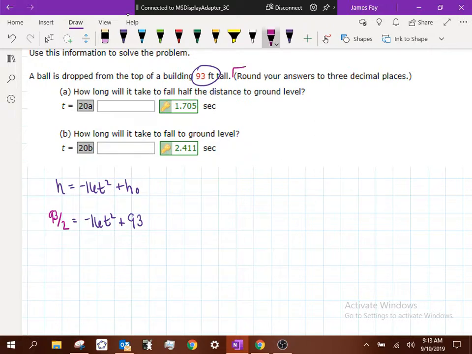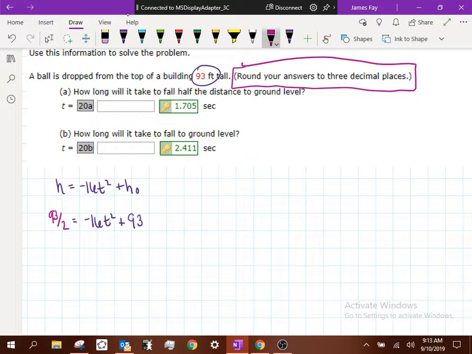So here's the thing. If I pay attention to my directions, or the way that I'm going to type my answers in, they're saying round it. So is the AC method or the product-sum technique probably going to work here? No, because those give integer answers. So probably I'd have to use the quadratic formula.